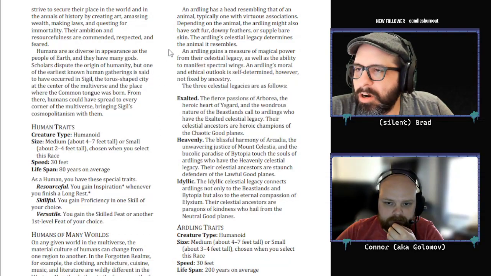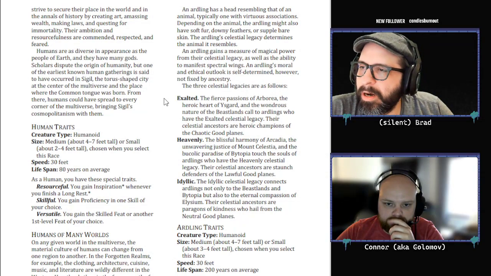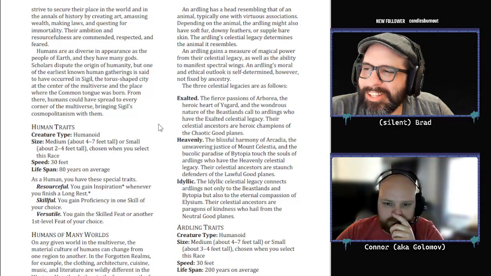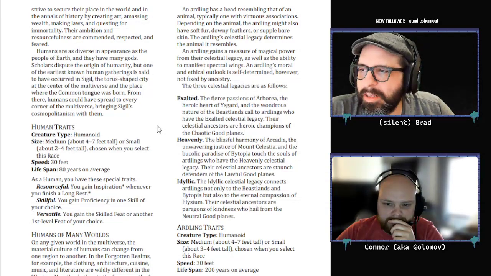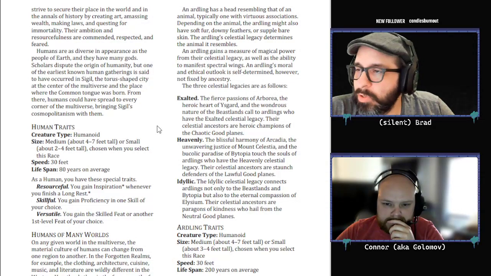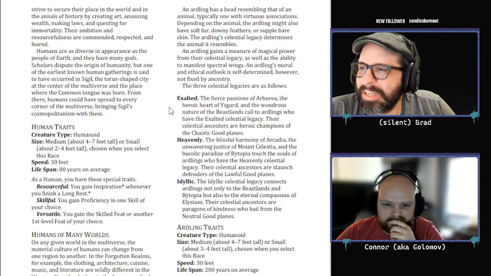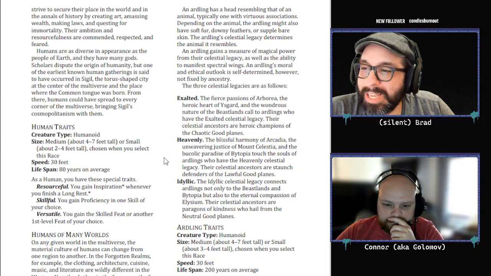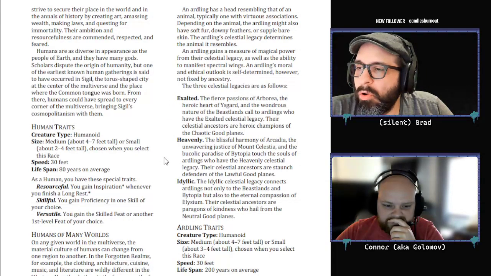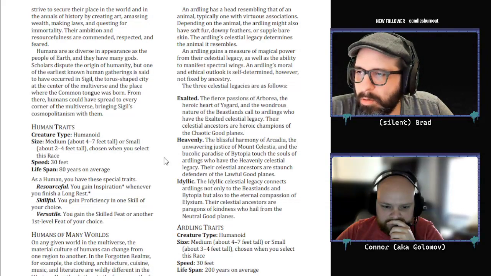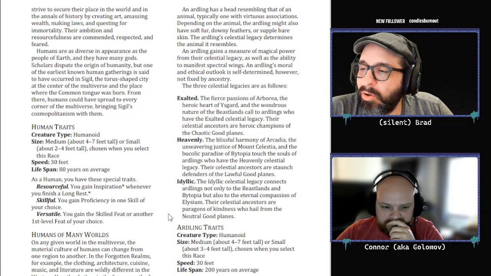Depending on the animal, the Ardling might also have soft fur, downy feathers, or supple bare skin. The Ardling's celestial legacy determines the animal it resembles. An Ardling gains a measure of magical power from their celestial legacy, as well as the ability to manifest spectral wings. An Ardling's moral and ethical outlook is self-determined, however, not fixed by ancestry. The 3 celestial legacies are as follows.